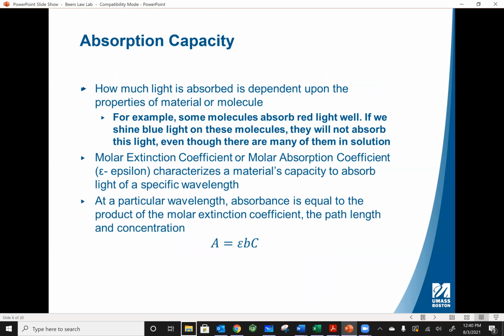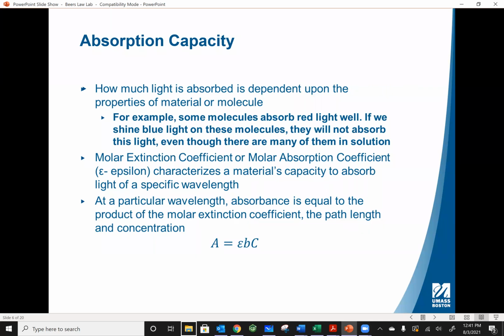Okay, so now let's talk about the last thing we need to take into account, and that is called the molar extinction coefficient. This is a physical property of the material or molecule. Some molecules absorb certain wavelengths well, and some do not.